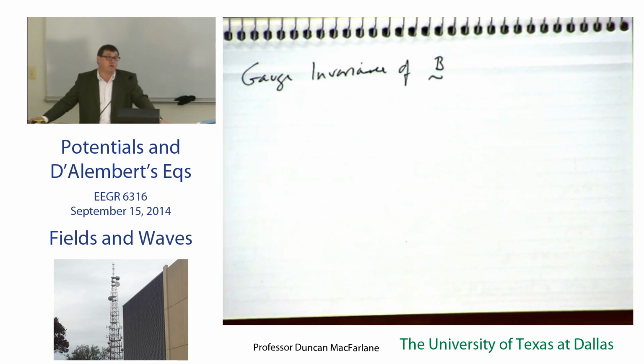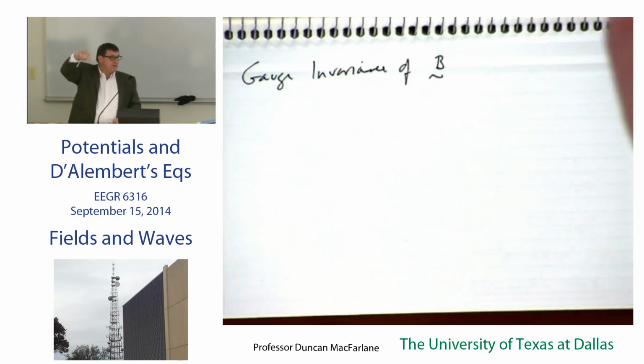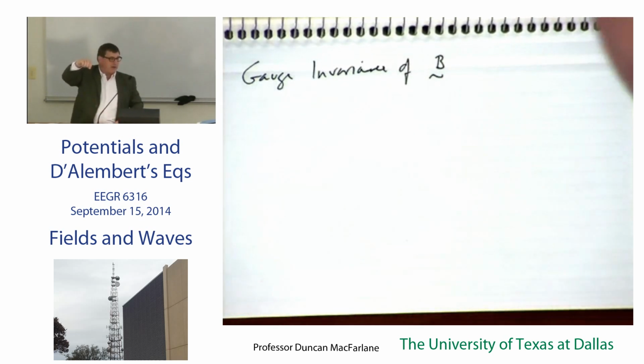So if I can get the same force for two different A's, then I don't care that those A's are different, because the electron sure doesn't. If I have a little electron on a string and I kick it with the B field produced by one A, and I have a different A and it gives me the same kick, the electron doesn't care.